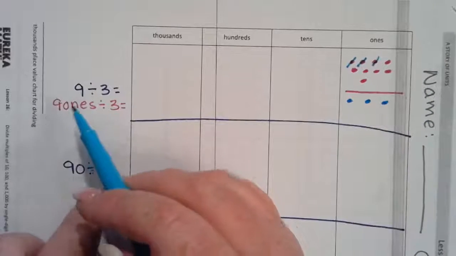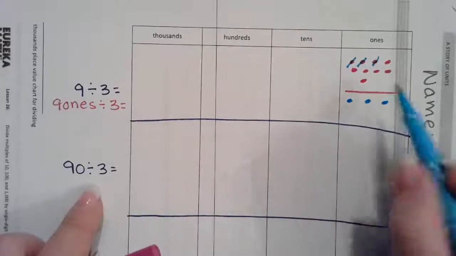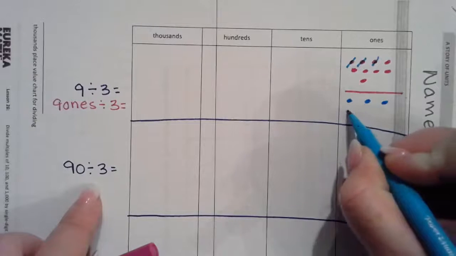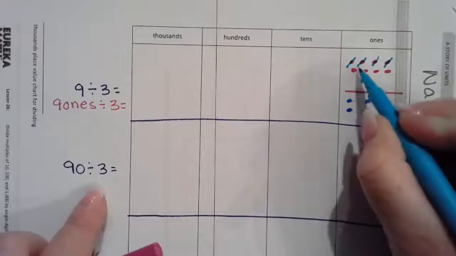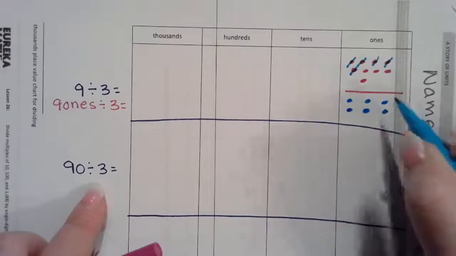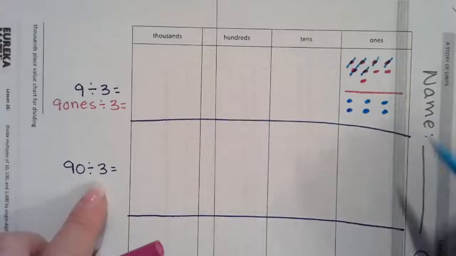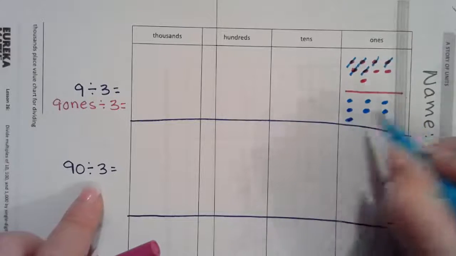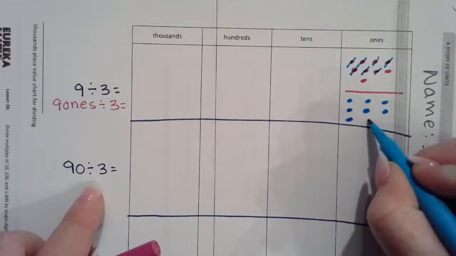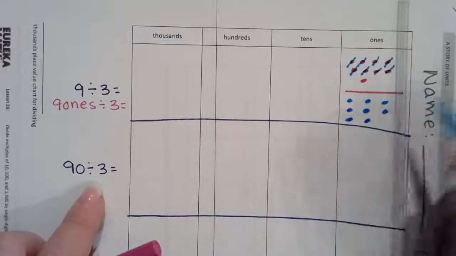So until I've used all 9 of my ones, I'm going to keep going. So another one, another, and another. All right, looks like I have enough to keep going, so I'm going to do the same thing. Remember, we're dividing by 3, so I'm creating 3 groups.